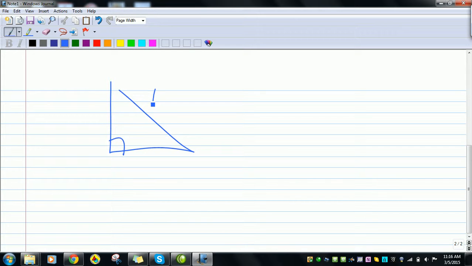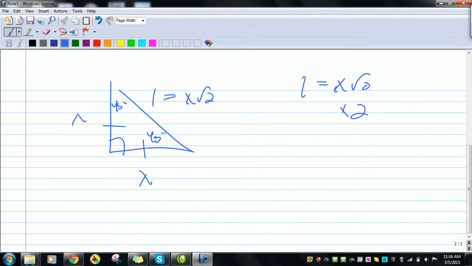So I'm trying to figure out if that's 1, what are my other two sides? So 1, remember, is my x root 2 side, and the other two sides are called x, using my 45, 45, 90 ratios. So if 1 equals x root 2, if I multiply both sides by root 2, I get 2x equals root 2. And then if I divide both sides by 2, I get my x value. Okay? Right? So therefore, my other two sides are going to be root 2 over 2.